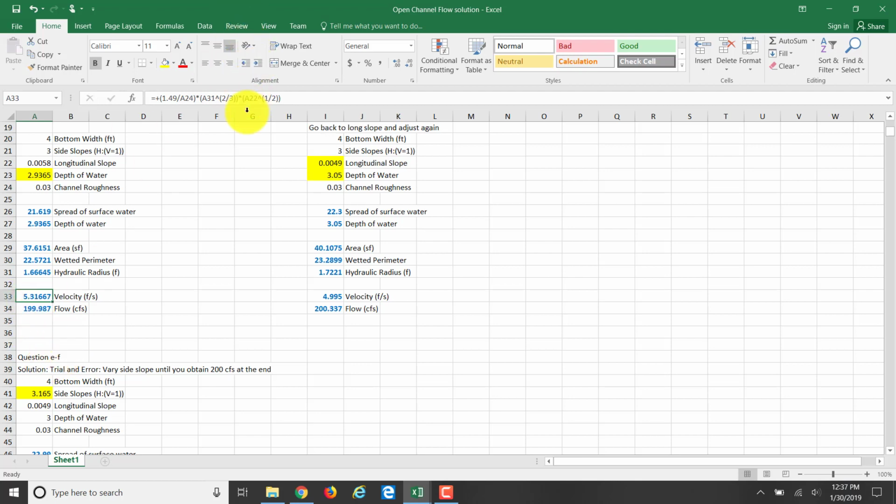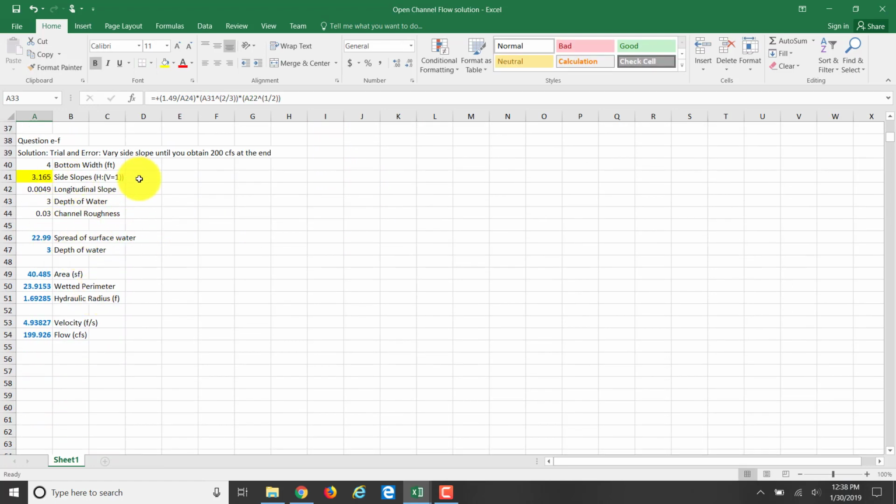And then the last term I have over here is the slope to the 1/2 power. But again, this 2 divided by 3, I have parentheses around it so that it performs the function first of dividing 2 by 3. So I have the hydraulic radius to the 2/3 power. And same thing over here. So it's the 1/2 power. If you don't take into account the order of operations, then your math will be wrong when you do the calculation.